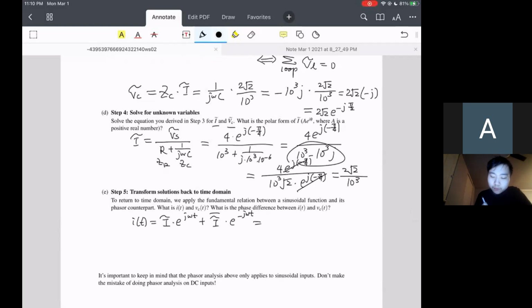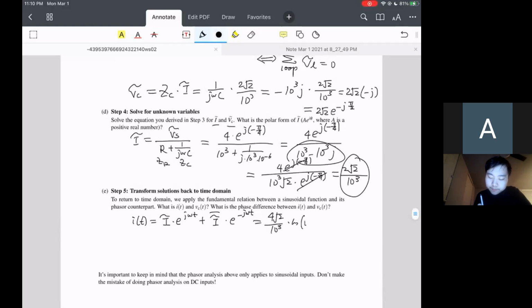So we know that I tilde is just that. So we see that this is just 4 root 2 over 10 cubic times cosine of omega t.